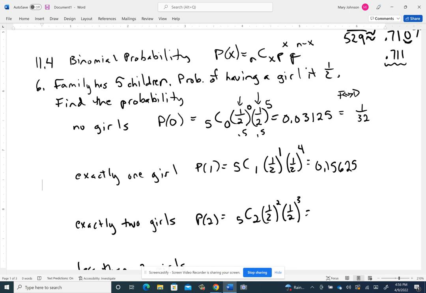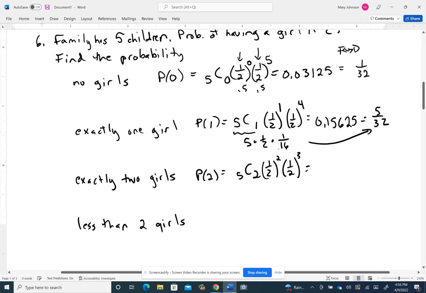Or if you did it as a fraction, oops, let me get that again. It would be 5/32. Okay. And that's because this part was 5, and then this would be 1/2. Then 1/2 times itself 4 times would be 1/16. And that's what gives you the 5/32.